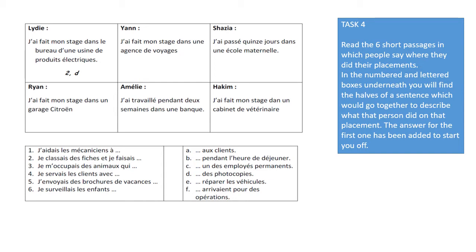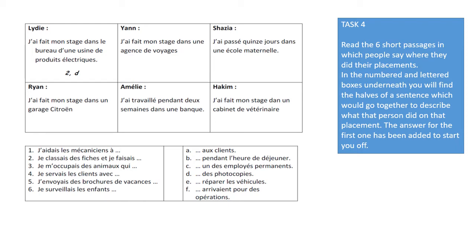Now, the left hand side needs to match up with something from the right hand side to make a full sentence. Okay, so that's a sentence beginning and a sentence ending, and you need to put those sentences together and then decide which person they go best with depending on where the placement was.